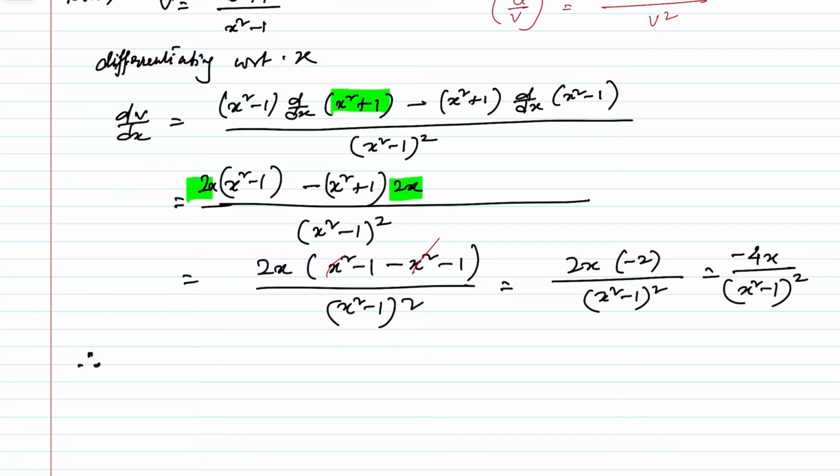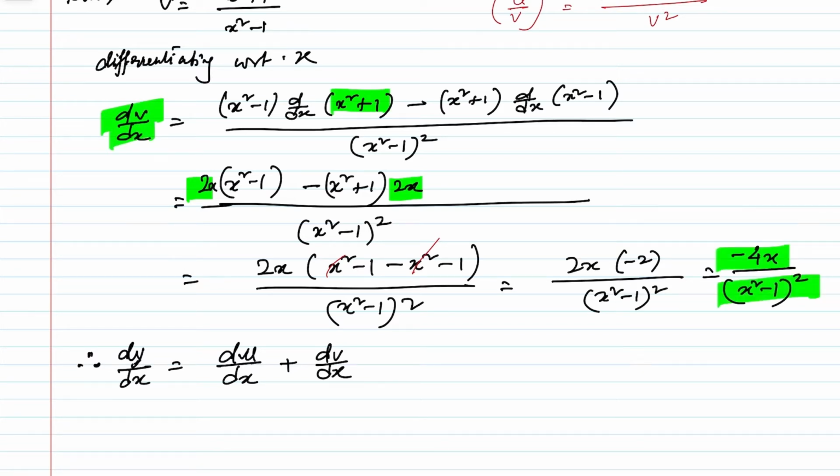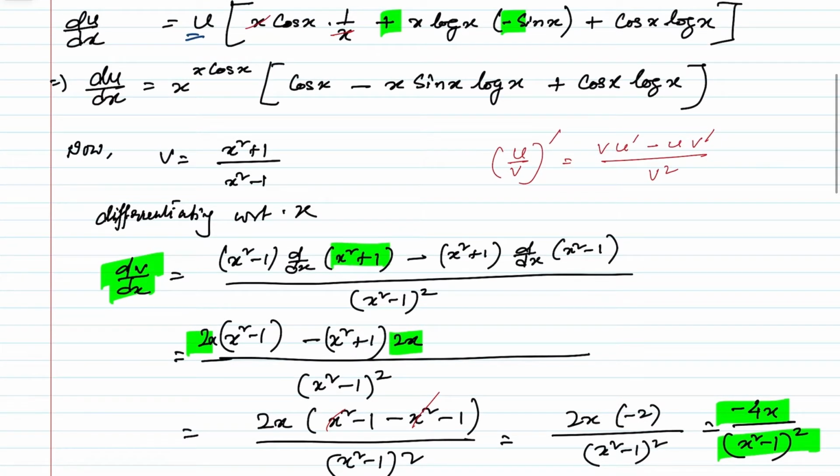Therefore dy by dx, we need dy by dx, that's equal to du by dx plus dv by dx. Now we know dv by dx is equal to minus 4x by x square minus 1 whole square, and du by dx is this.